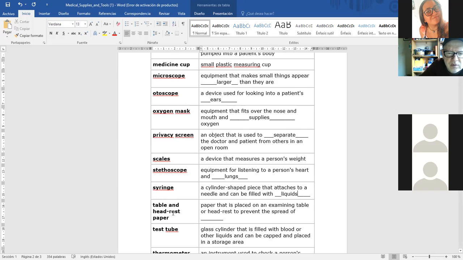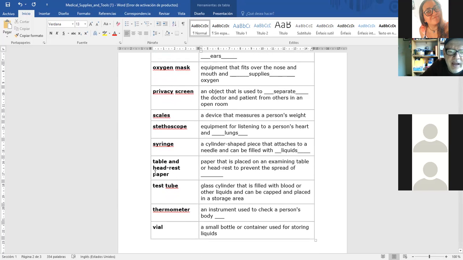What about the next? Table and headrest paper. Very simple, but very important. Who has the answer? Paper that is placed on an examining table or headrest to prevent, ¿para qué se ocupa este papel? Para prevenir, to prevent the spread of germs.